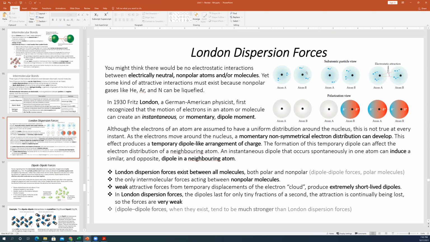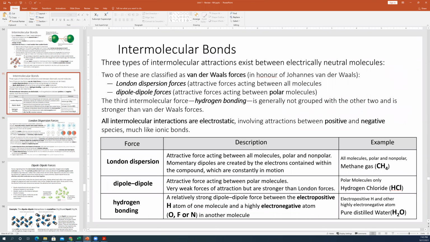As the electrons are moving about in their electron clouds and their probability density, you may have a temporary dipole formed as a result of the electrons maybe being more on one side than the other, and that in turn induces a dipole in the other molecule. So that's where you get the London dispersion forces. And London dispersion forces are present for all molecules, whether they're polar or non-polar. They are present everywhere in all types of molecules.